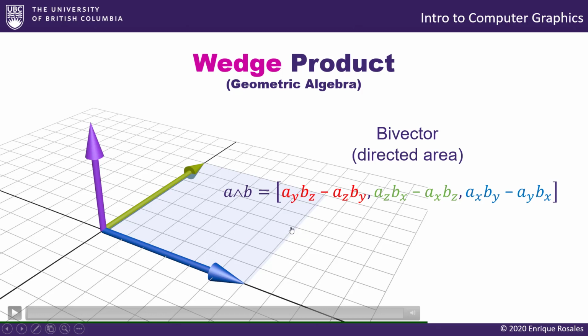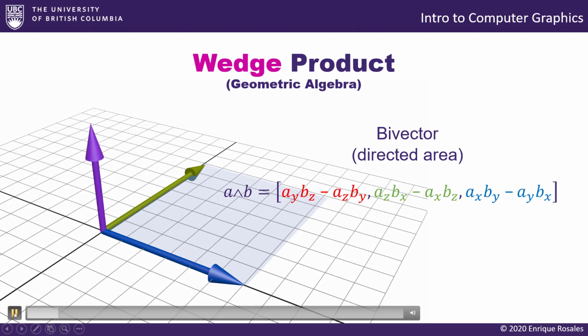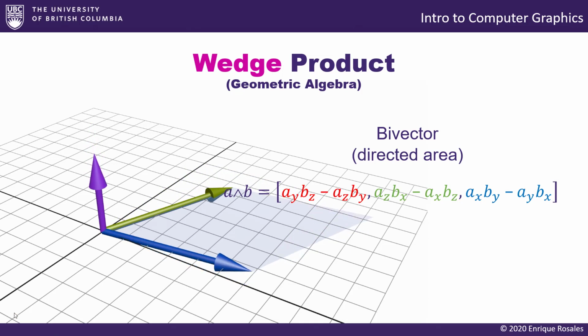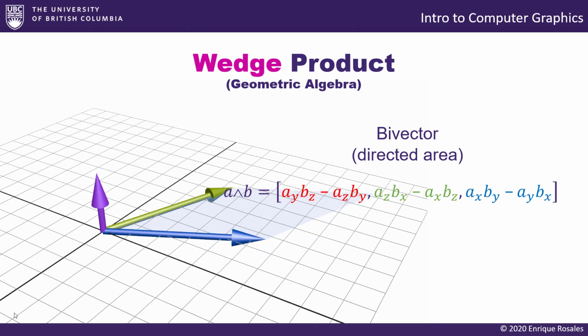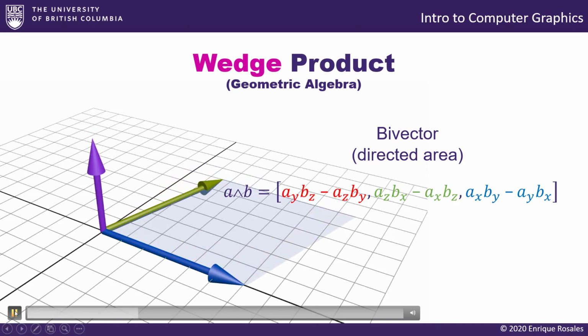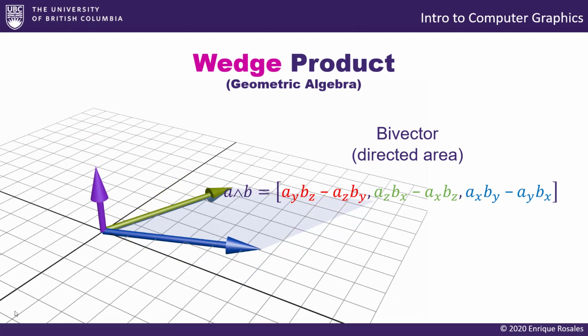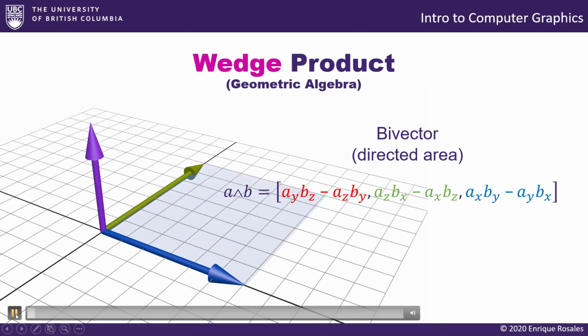Its magnitude is this area. Well, for geometric algebra, this is the result, right? The area is the result. It's a directed area. Again, the formulas are exactly the same. But yeah, you will see that depending on the position of those two vectors, A and B, the result is this bivector that is obviously changing over time.